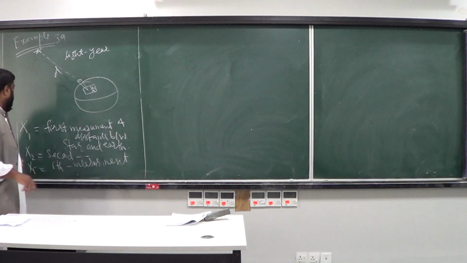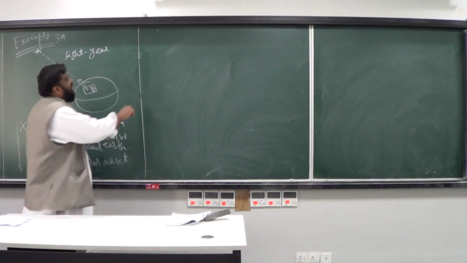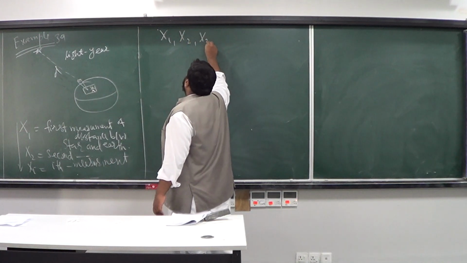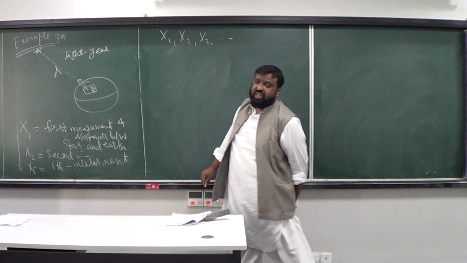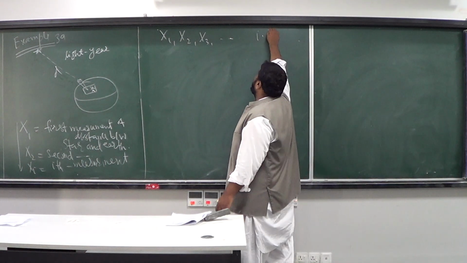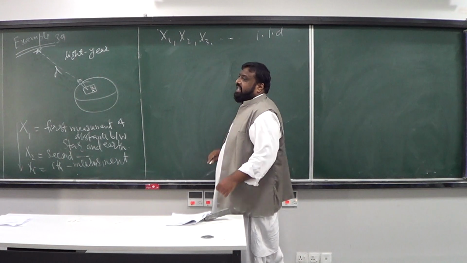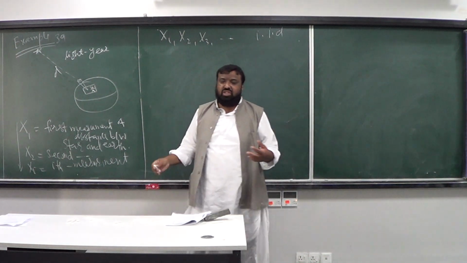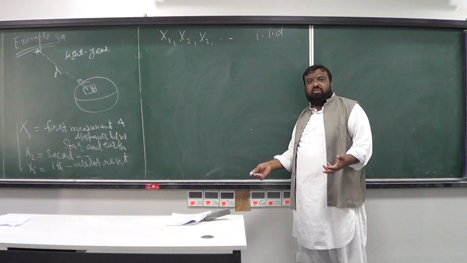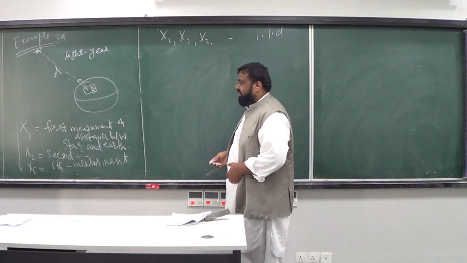The assumptions on these observations are that they are independent of each other, and not only independent, but identically distributed as well. So all these observations are random, independent of each other, and have identical distribution.